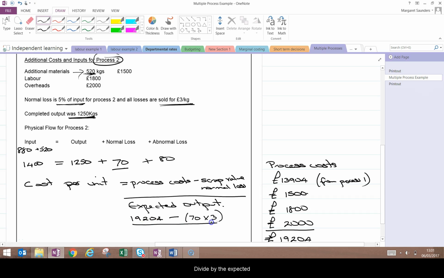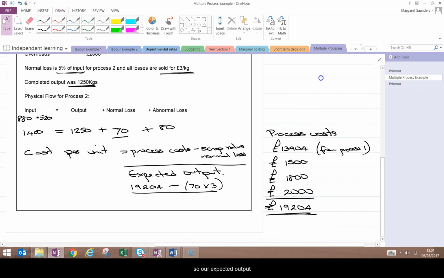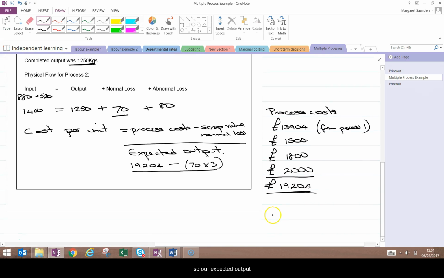Divide by the expected output. So our expected output is what we put into the process. So look back at our physical flow. We input 1400. We expected to lose 70.